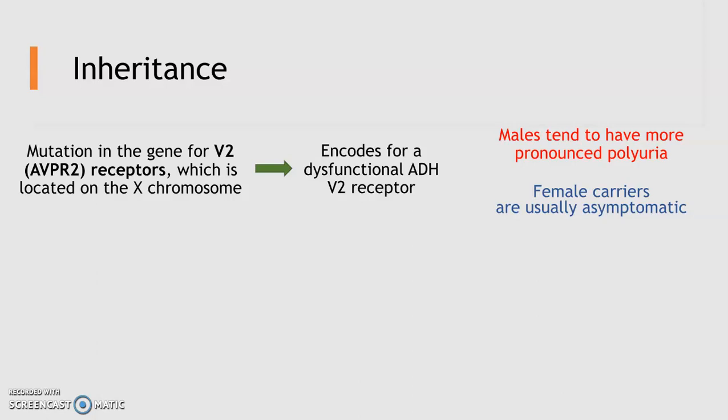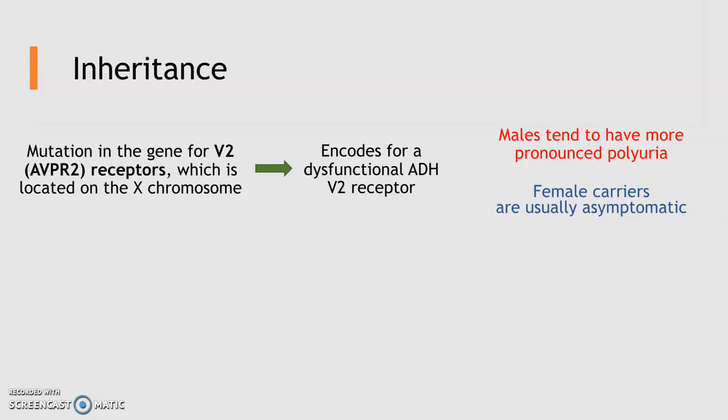So they are unable to reach the basolateral cell surface of the cells of the collecting ducts. So if there are no V2 receptors, there is no place for the vasopressin to bind to. Therefore, the intracellular cascade that should happen in order for the aquaporin 2 channels to insert into the apical cell membrane won't happen, and there won't be any reabsorption of water. So you will pee a lot.